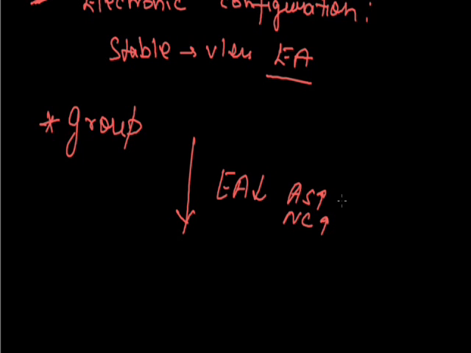But here the increment in atomic size surpasses the increment in nuclear charge. We know that atomic size is inversely proportional to electron affinity, so overall the electron affinity will decrease on going down the group.